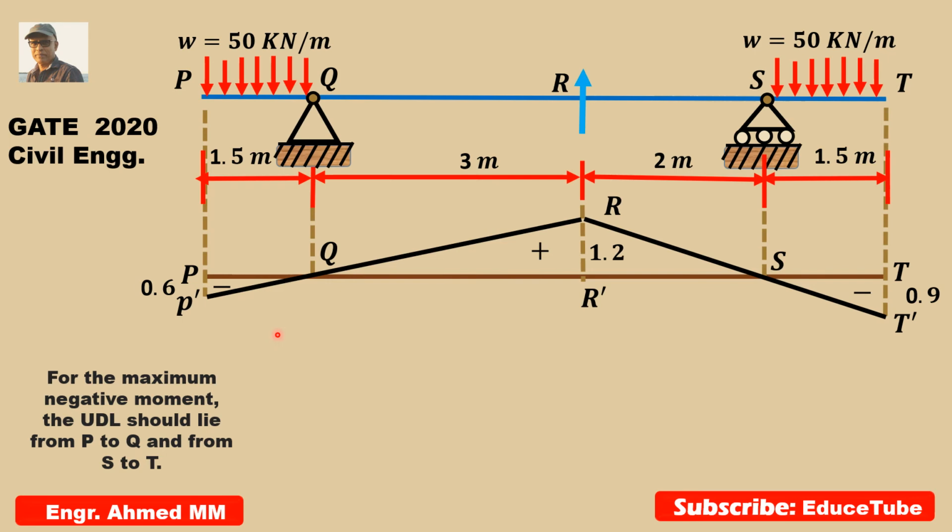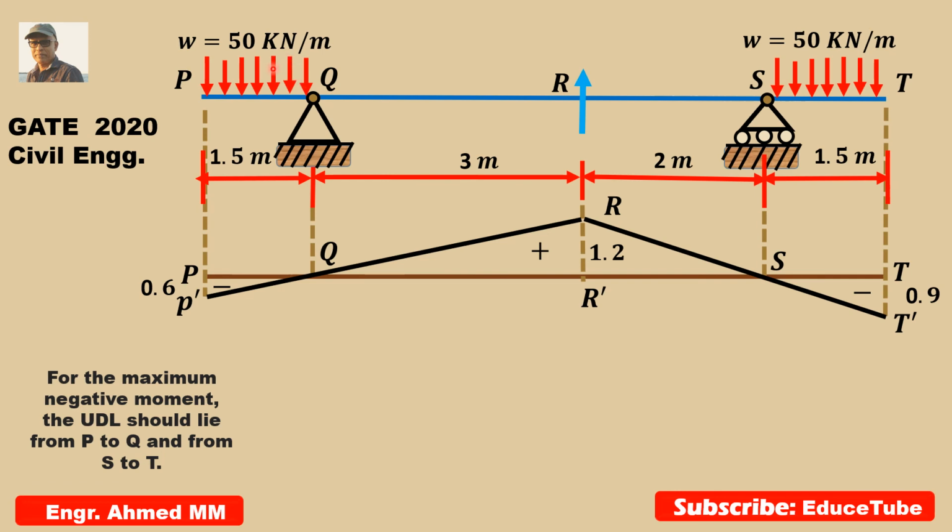Now let's find how to find this moment. The value of a stress function for a uniformly distributed load is obtained by multiplying the area under the influence line diagram for the stress function within the range of the uniformly distributed load.